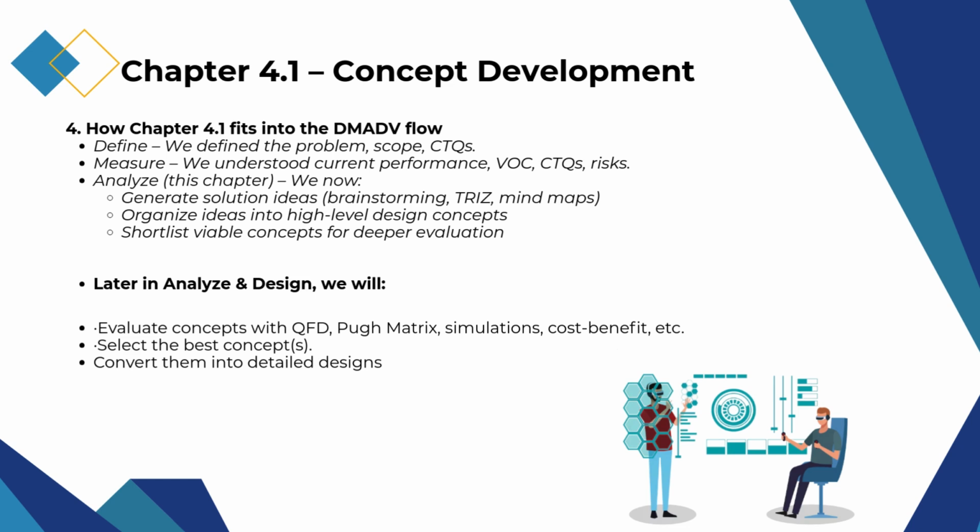In this Analyze chapter, we use brainstorming, TRIZ, and mind maps to create solution ideas, organize them into high-level design concepts, and shortlist viable options. Later in Analyze and Design, these concepts will be evaluated with tools like QFD, POO matrix, simulations, and cost-benefit analysis to select the best ones and convert them into detailed designs.